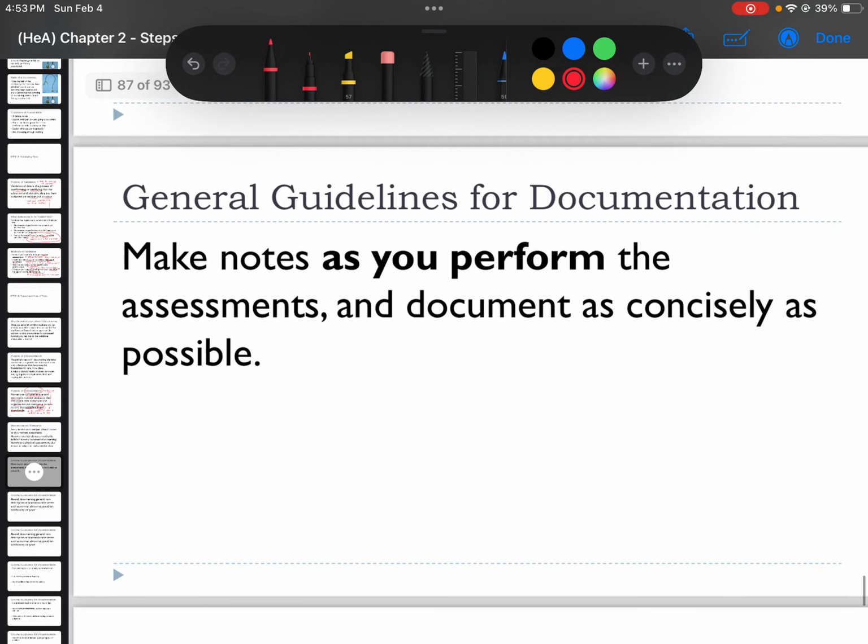The first guideline in documentation is you should make notes as you perform the assessment and document as concisely as possible. When we say make notes as you perform, class, do not wait until the entire assessment is done to make notes. Okay? Let's say, for example, class, I am getting a person's blood pressure. Okay?